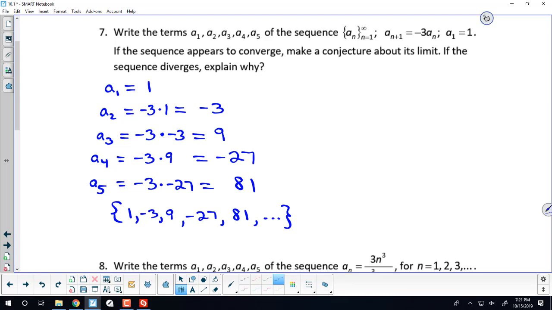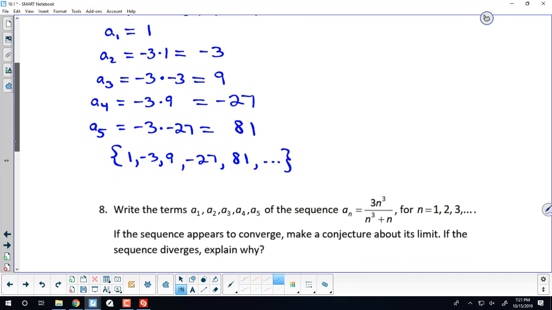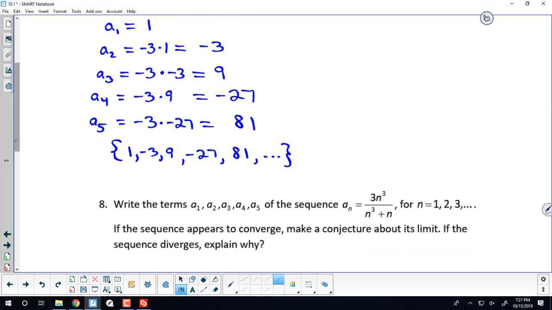What would we say about that? Converge or diverge? Diverges. The numbers are just getting larger and larger. Even though it's alternating, I guess we could say diverges. Terms get larger in magnitude or in absolute value, whatever you want to say.